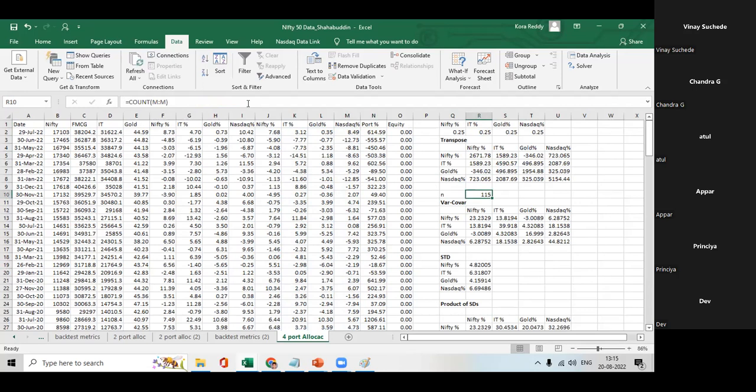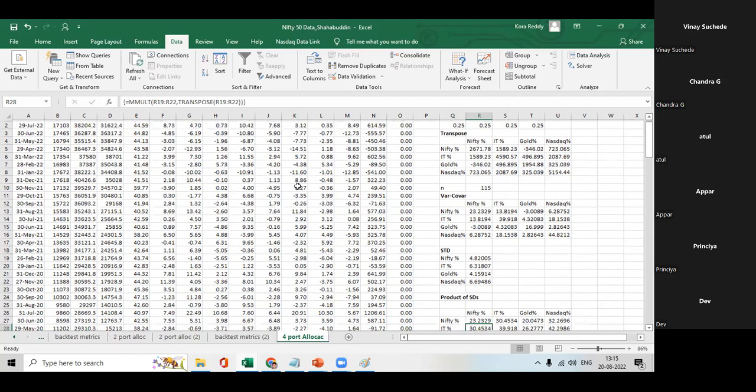Then per matrix, this is R5 to U8 divided by R10. Then a standard deviation. It is nothing but the standard deviation of this array, this array, this array, this array. Then the product of SDs.